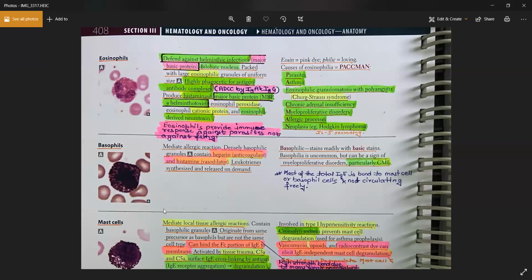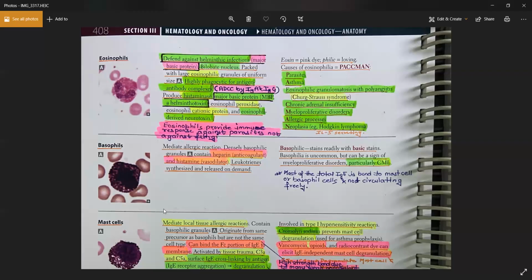I have a question. Is there any role of IgE antibodies in helping eosinophils? See, IgE antibodies are mainly involved in allergic responses. They play a very minor role in helminth infections, but the major role is of IgA and IgG antibodies.